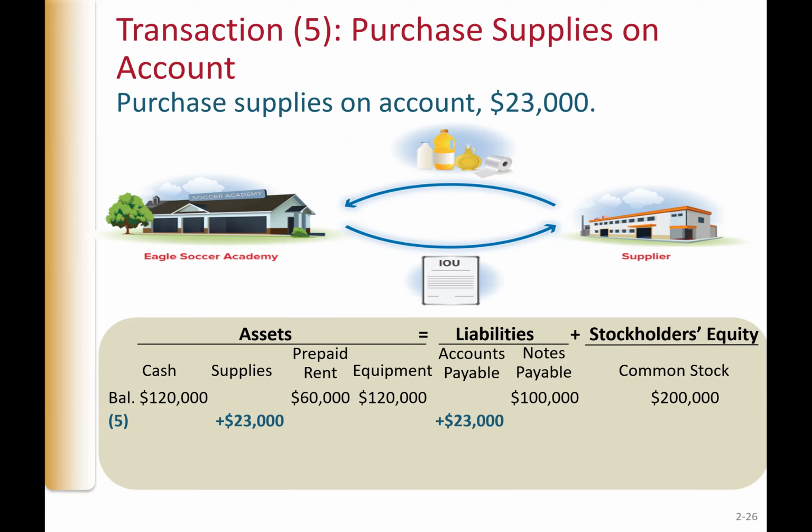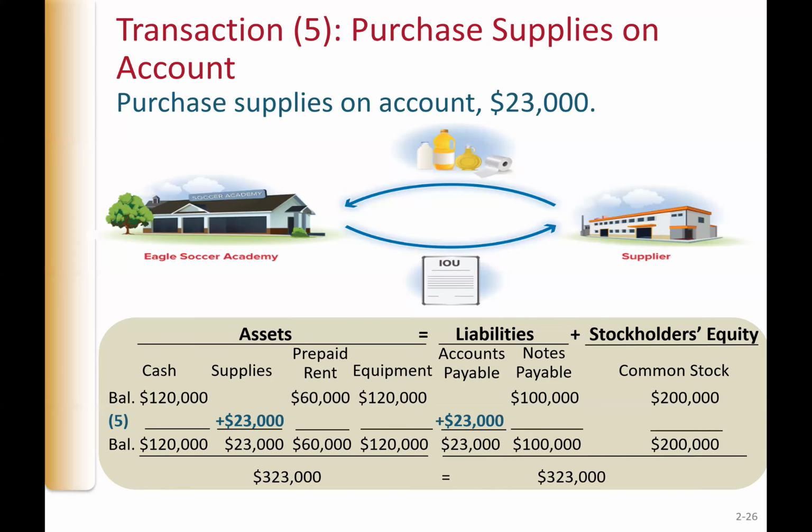So in this scenario, our supplies increased $23,000, but we didn't pay it. It didn't say we paid it with cash. It says we purchased them on account, which means we owe the money. So $23,000 we owe to the company. At the end of this transaction, do our assets still equal our liabilities plus our stockholders' equity? Yeah. They do, don't they?